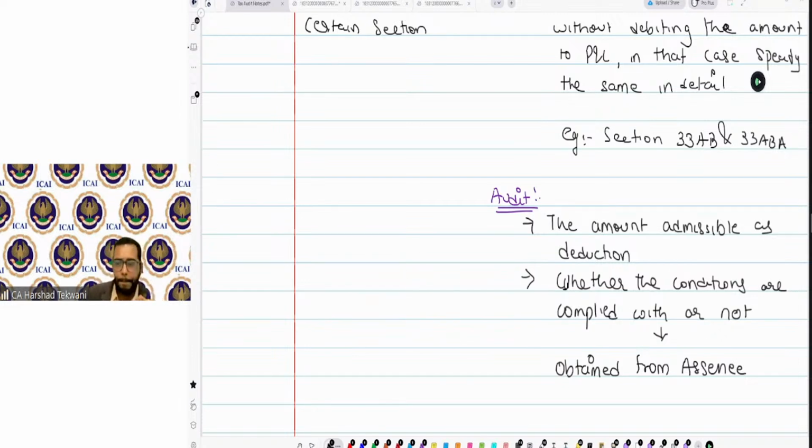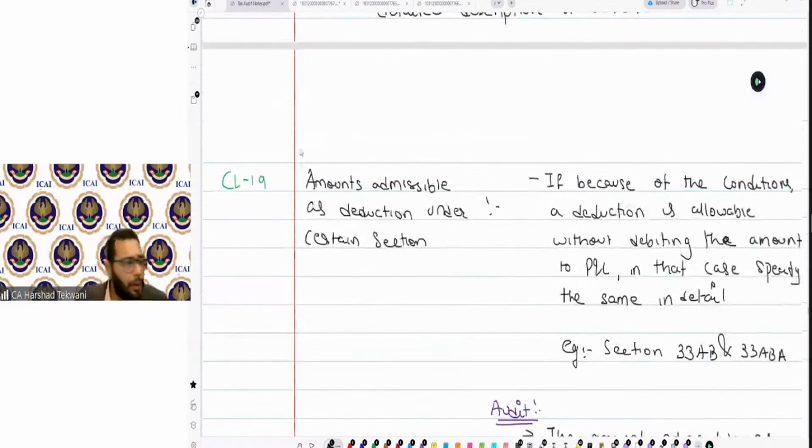Clear? Any doubt with respect to this clause 19?